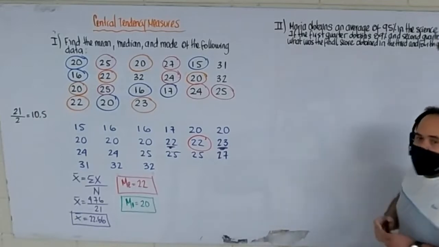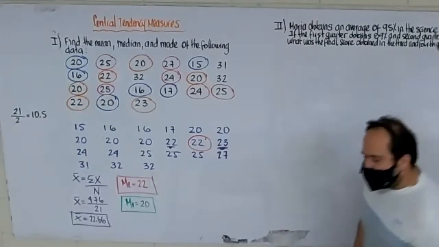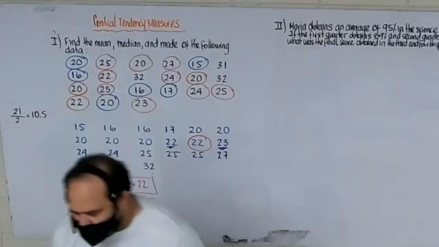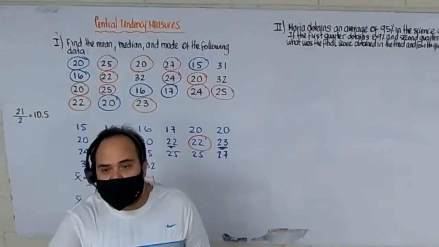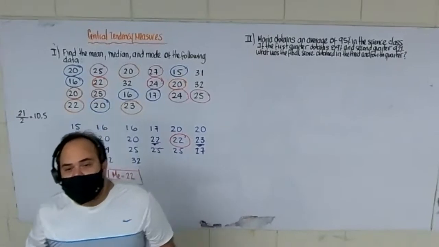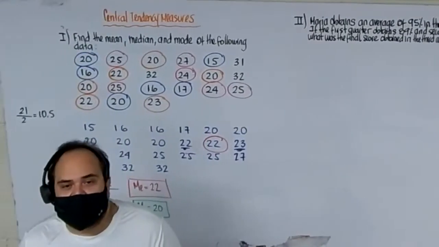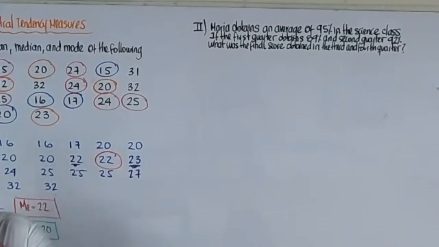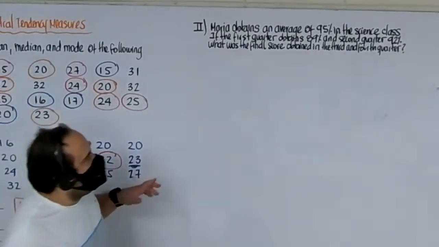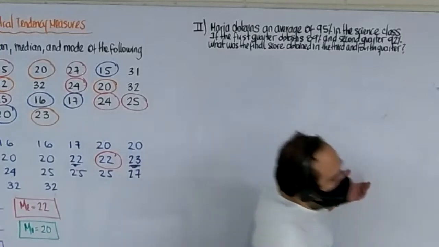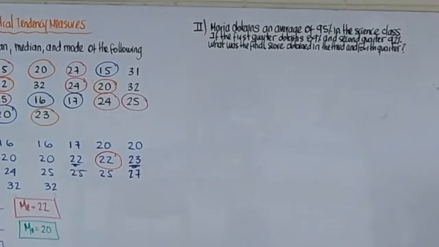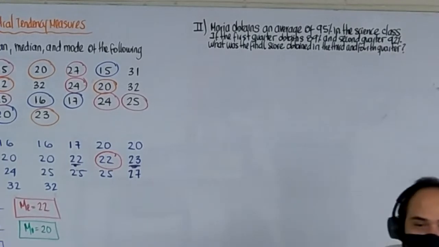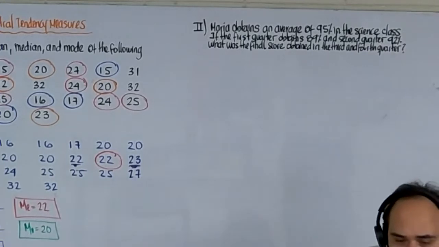All right. This is one common question that students perform. Obviously, one reason is to know if they're going to pass or fail the class. But in this case, Maria really wants to know what final grade she has to obtain in the third and fourth quarter to gain an average of 95% in the science class.